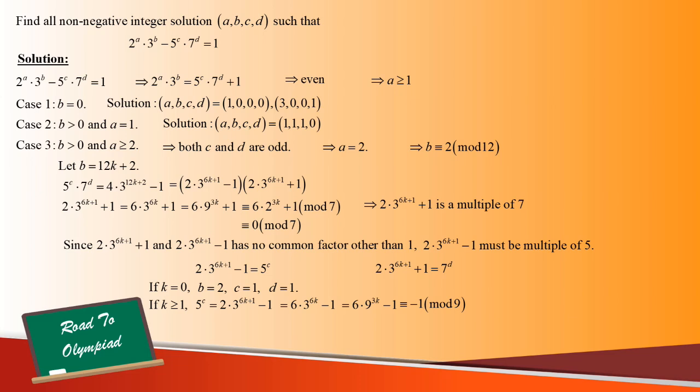And here we reach a contradiction similar to the one in the last part of case 2, which implies that there are no solutions when k is greater than or equal to 1. Therefore, the only solution in this case is 2, 2, 1, and 1.